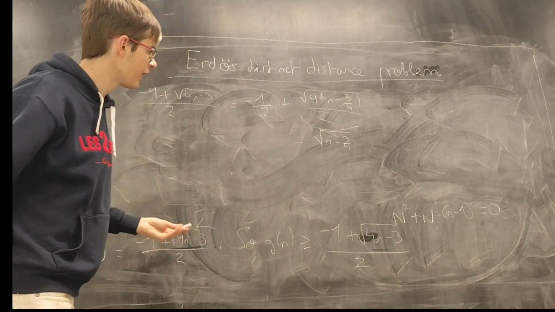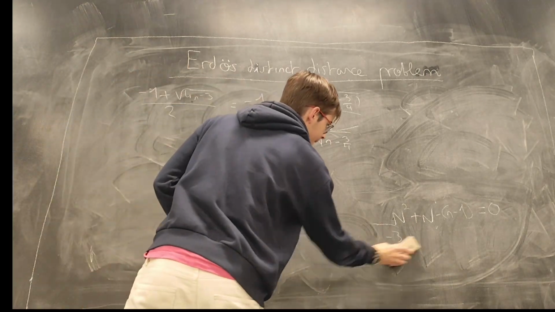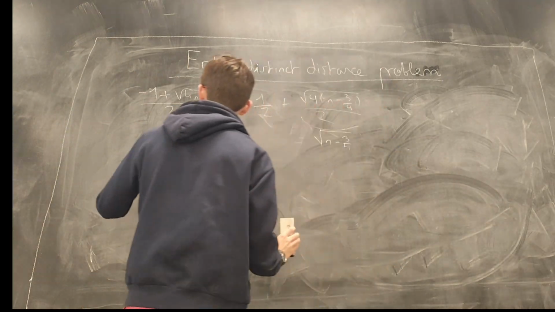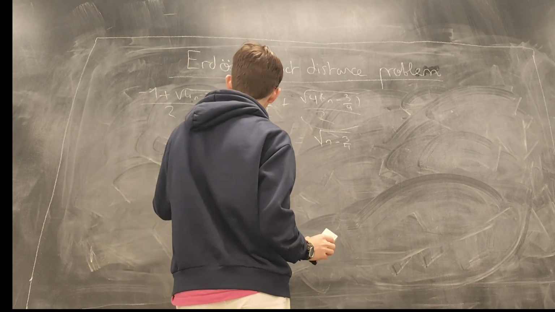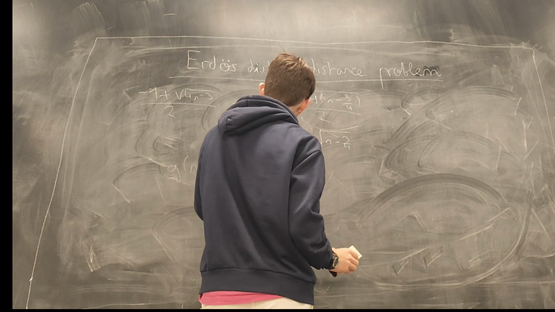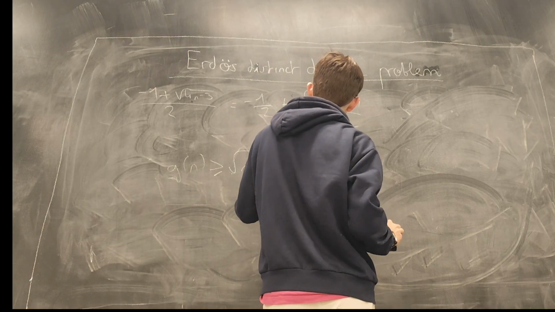Okay, so our final bound is g of n larger than the square root of n minus 3/4, minus 1/2.